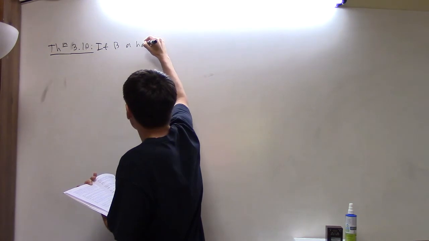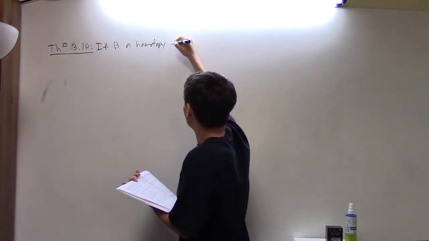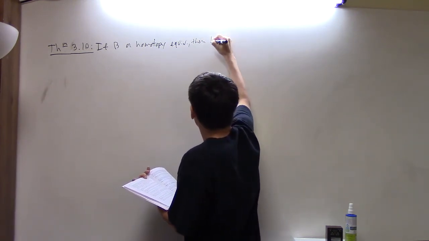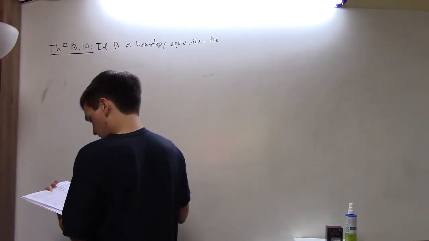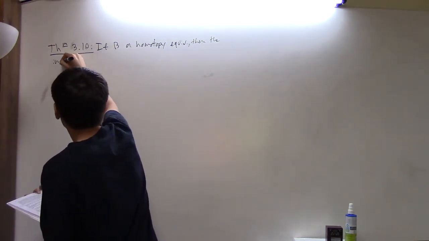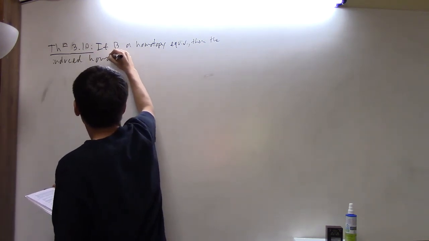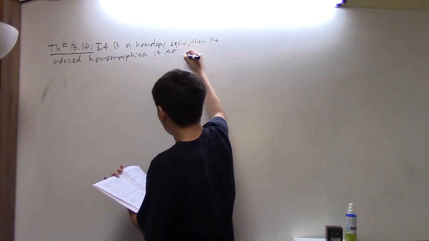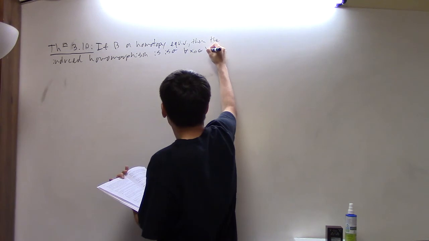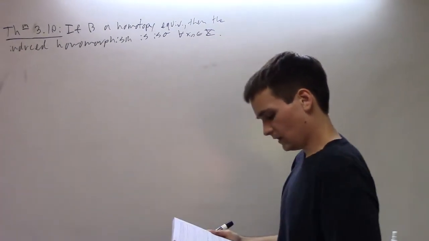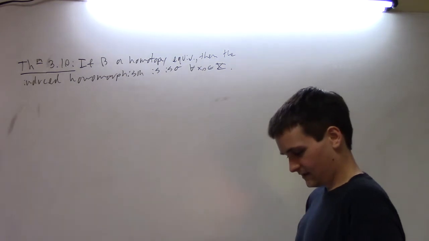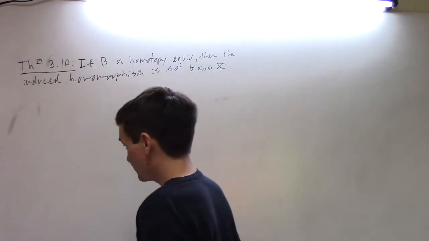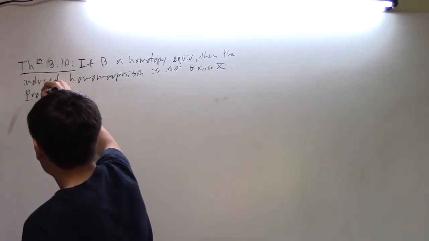If beta is a homotopy equivalence, then the induced homomorphism is an isomorphism, for all x naught and x. So this is kind of neat because it's almost sort of an argument by diagram.